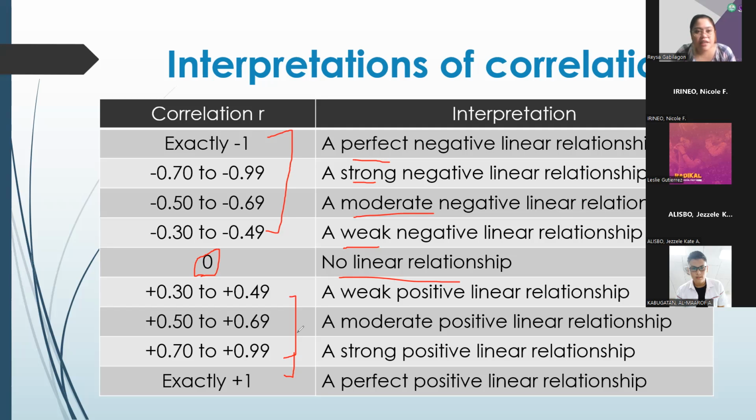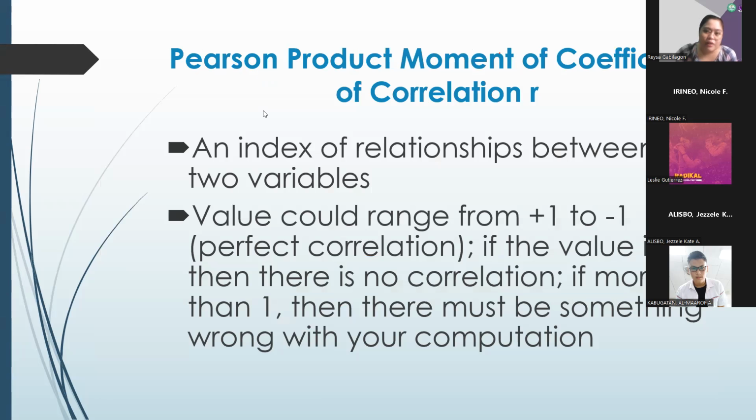But again, just like sa negative na sign, the strength of the relationship varies. As you move up hanggang positive 1, lumalakas din ang relationship between these two variables. So, gagamitin natin yan siya in the interpretation of the results.